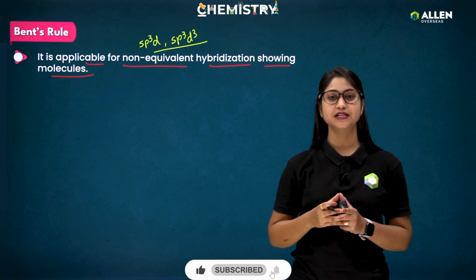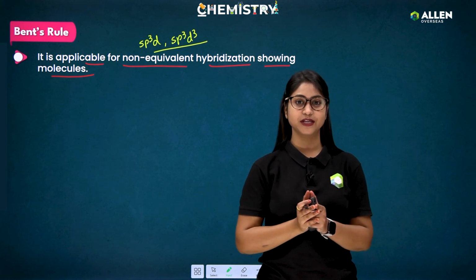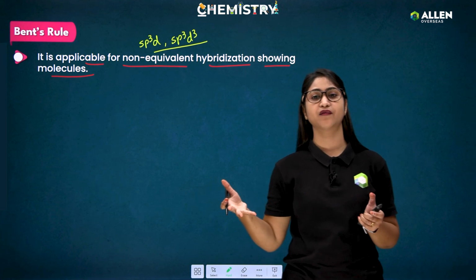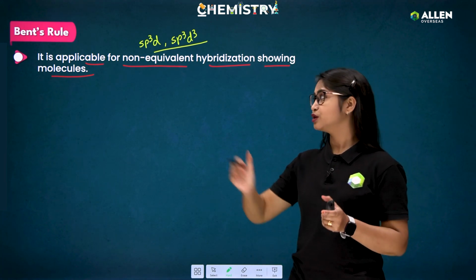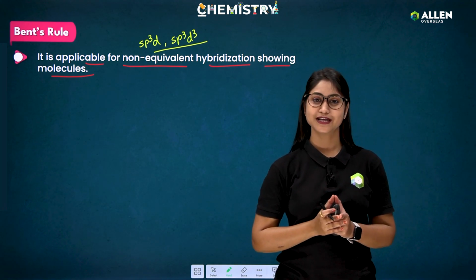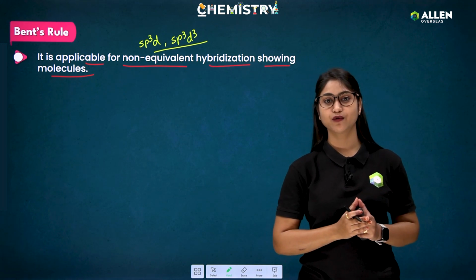Non-equivalent hybridization means where the hybrid orbitals are not equivalent to each other. Some hybrid orbitals will be having more percent s character, some will be having less percent s character. So these are the two hybridizations which are themselves non-equivalent in nature. In all the other hybridizations, the hybrid orbitals are equivalent.